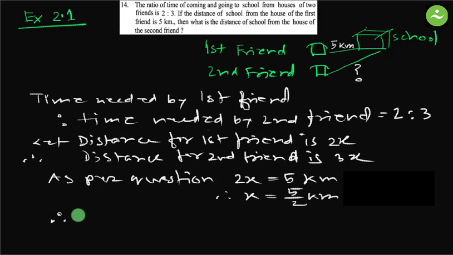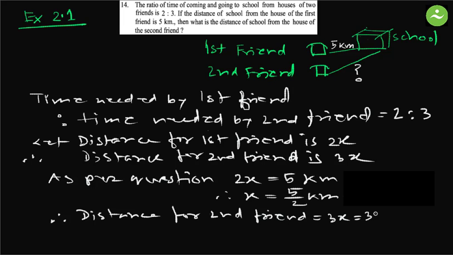Therefore, distance for the second friend equals 3x equals 3 multiplied by 5/2 kilometer equals 15/2 kilometer equals 7.5 kilometer. So that is the answer. Distance for the second friend is 7.5 kilometer.